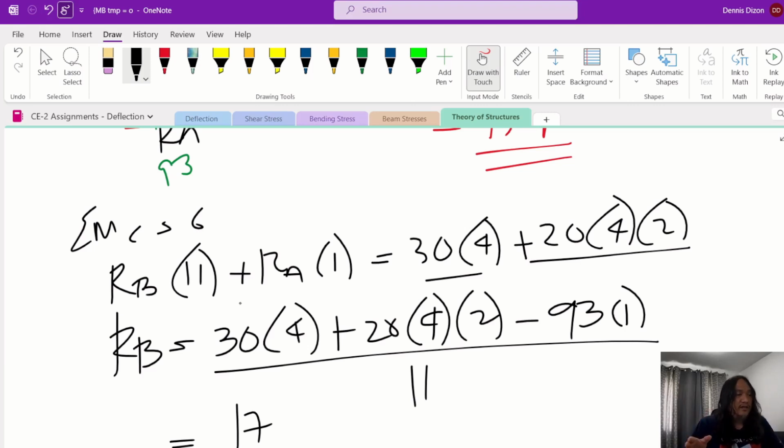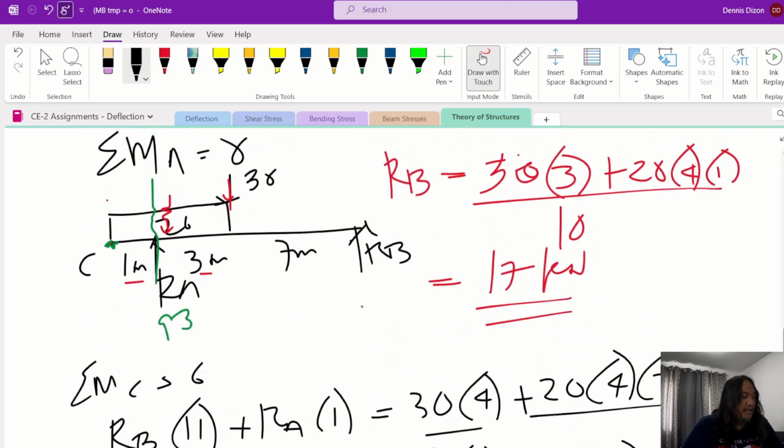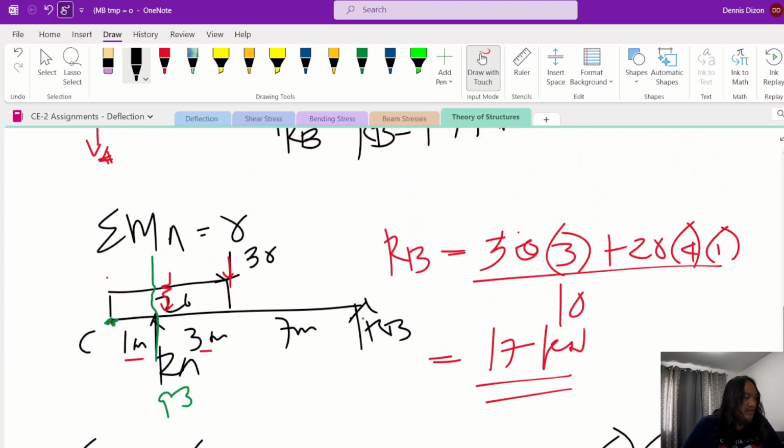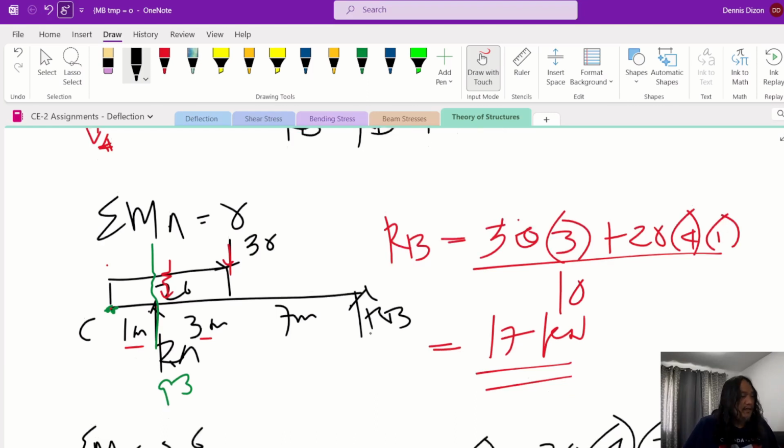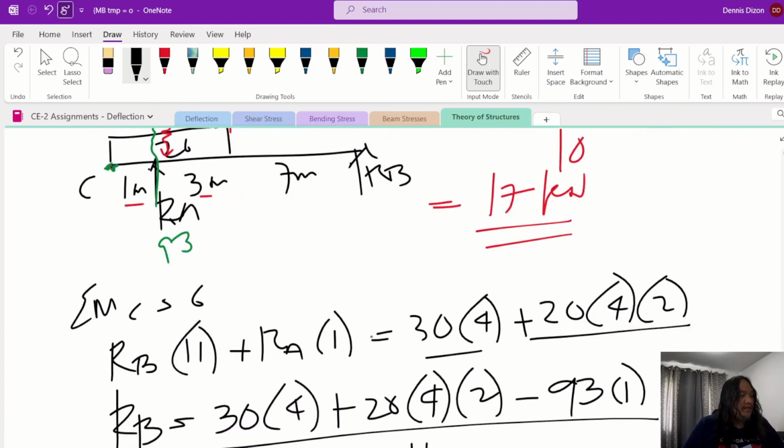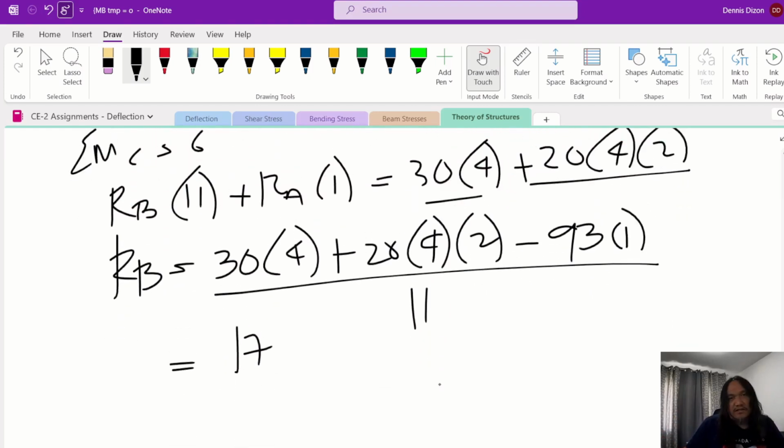You assume, say, whichever you like, say summation of moments at point C, and then consider the total load, considering reaction at A as well, or you will cut a section at point A, and then to get the moment at A, just consider the left side because there is no other unknown, and then to get the reaction at B, cut another section, then consider the right of A. Or consider the whole load, summation of moments at A is equal to 0. So that's the same. So as long as it yields the same answer, then it should be fine, right?